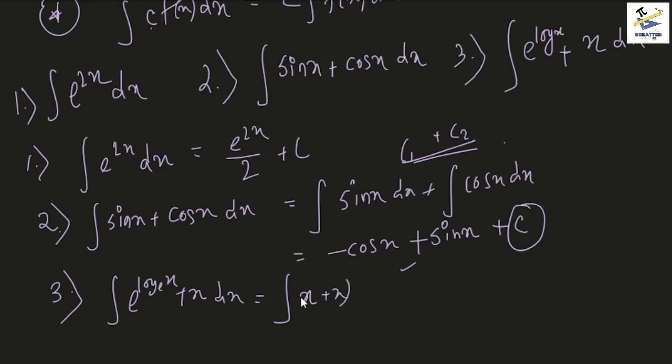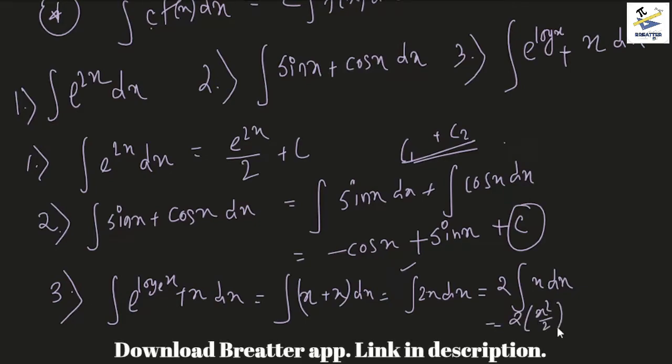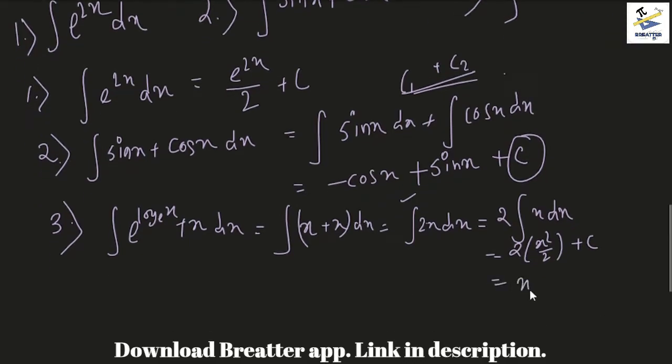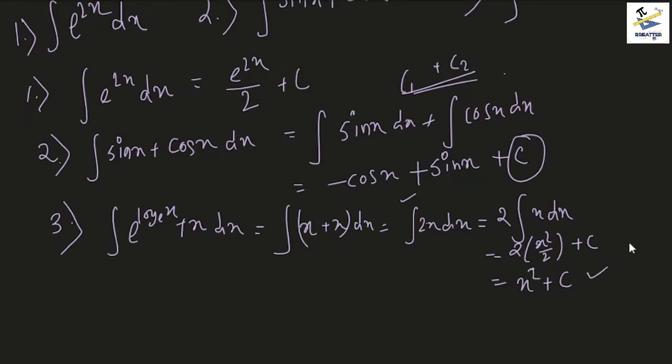So x plus x dx is basically 2x dx, and we can see that the constant 2 comes out and it's just x dx, and the integral of x dx is x squared by 2, and there would be a plus c outside. This would mean you will have the integral as x squared plus c. This is your answer.